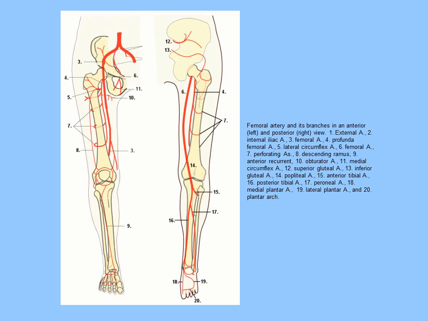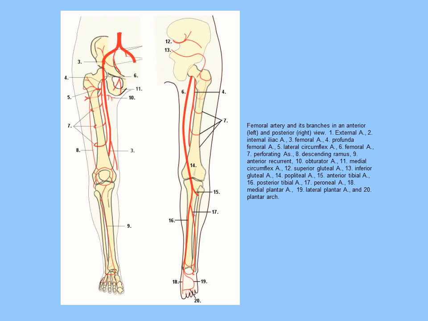Off of the proximal end of the profunda femoral artery, we have arteries that provide blood to the hip joint. These arteries include the medial femoral circumflex and the lateral femoral circumflex.